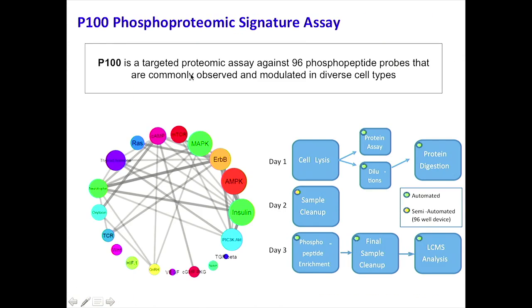Okay. And so the other important thing about these probes is that they're easy to observe. As I mentioned, we did the discovery in several different cell types, so we know that they can be found easily. They tend to be the higher abundance phosphopeptides, but we also know that these things change in response to perturbation by chemicals.